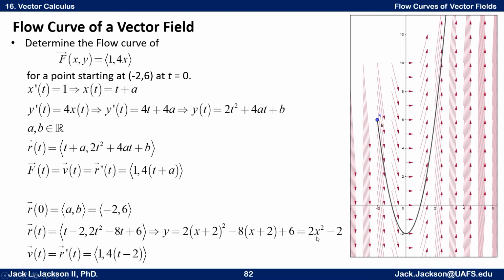I'll let you work the algebra out yourself, but it turns out to be 2x squared minus 2. It's a parabola centered on the y-axis. The y-intercept is 0, negative 2, and sure enough, it should start up here at negative 2, 6 at time 0, and it's tracing out in this direction. Notice that these flow curves have a direction to them.